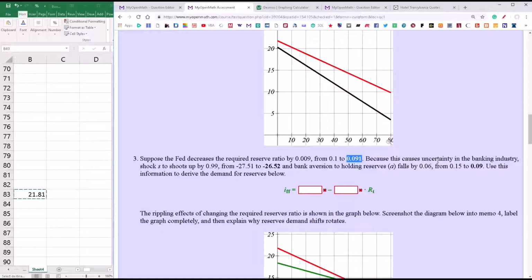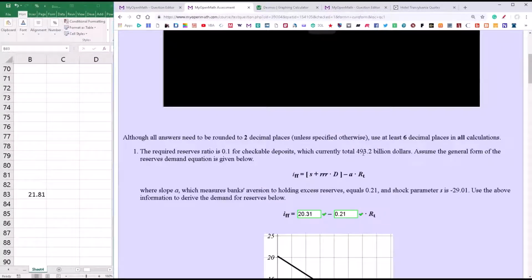Now, because this creates uncertainty in the banking industry, the shock parameter shoots up 0.99 from negative 27.51, where it is here, to negative 26.52 here. Okay. So we got a new required reserve ratio of 0.091. We're going to multiply that by the checkable deposits that haven't changed yet. So this value.